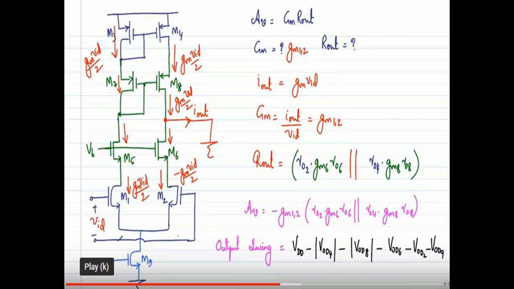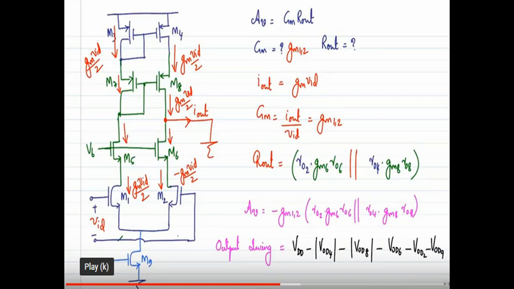So according to Kirchhoff's current law, at the output terminal marked as I out, the current I out is equal to GM VID by 2 minus of minus GM VID by 2, that is 2 GM VID by 2. So finally I out is equal to GM VID.